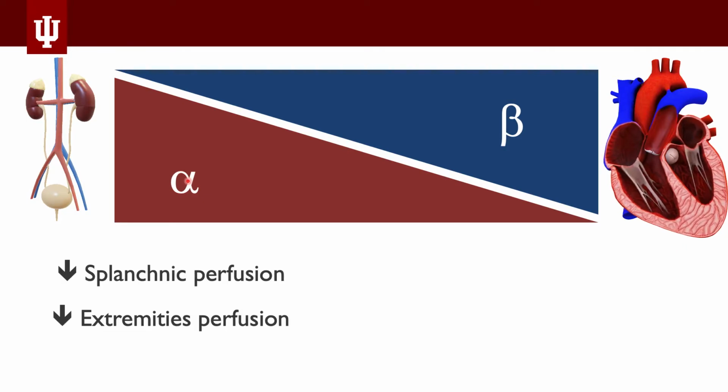So, for example, alpha agonists can cause a decrease in splenic perfusion and a decrease in extremity perfusion. So you can actually get digital ischemia from decreases in perfusion with alpha agonists.